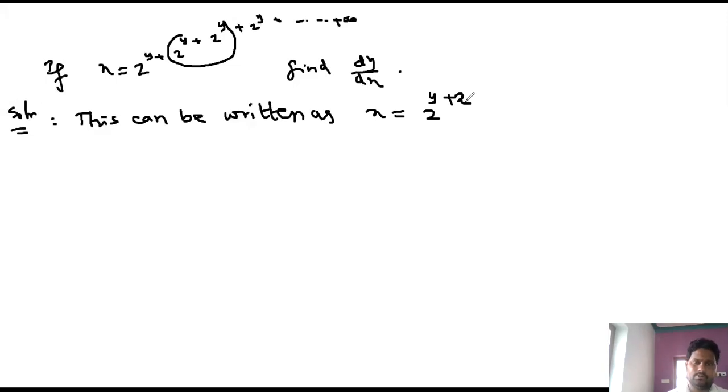Just substitute the x value. What is the x value? 2 raised to y plus 2 raised to y plus, and so on to infinity. So x is equal to 2 raised to y plus x.